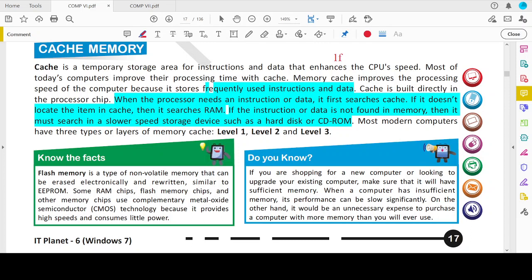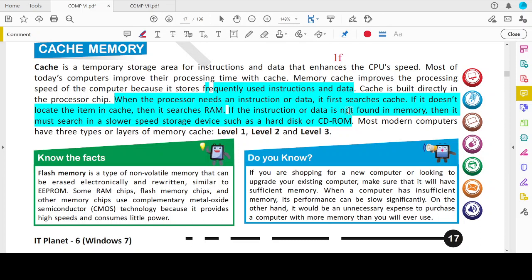So with the help of the cache, the performance of the computer is enhanced. How? The frequently used instructions and data are found instantaneously on the built-in memory of the cache of the processor.